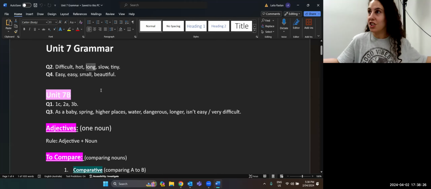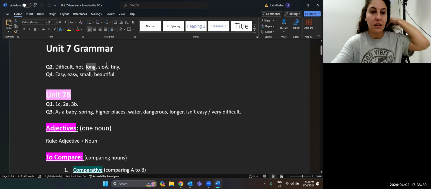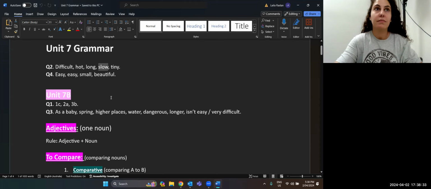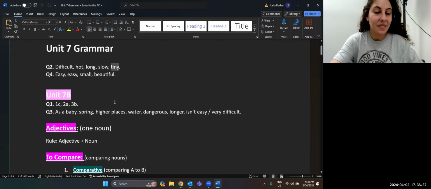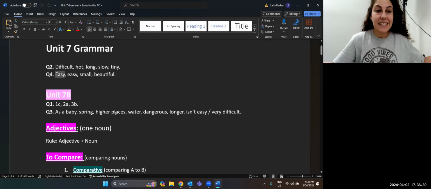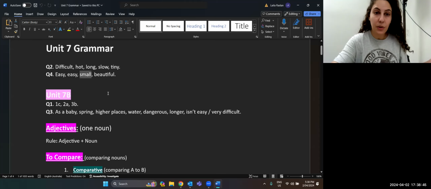It was a long journey, which means that when I went there, it was a very long trip. Or it could be slow. Maybe everything was quiet and slow and tiny. It was easy, really easy to book your trip. Maybe it was small, or it was just beautiful, amazing. These are some adjectives that we can use when we talk about places.